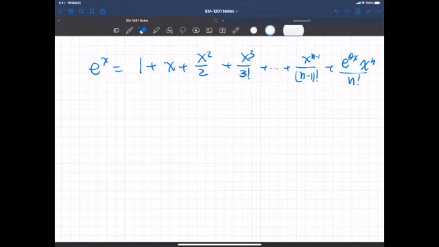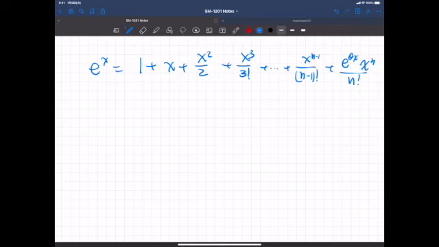And this theta is somewhere between 0 and 1. So this is a Taylor expansion around x equal to 0, or Maclaurin expansion, of the exponential function.